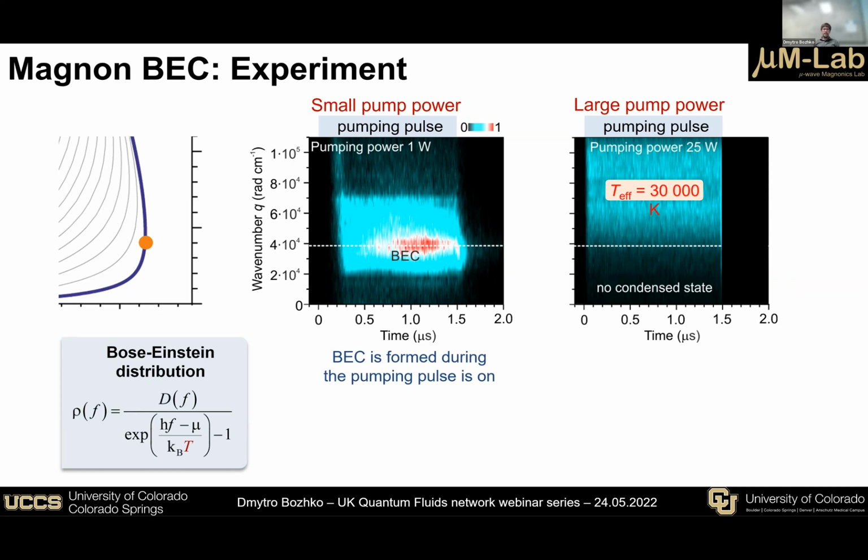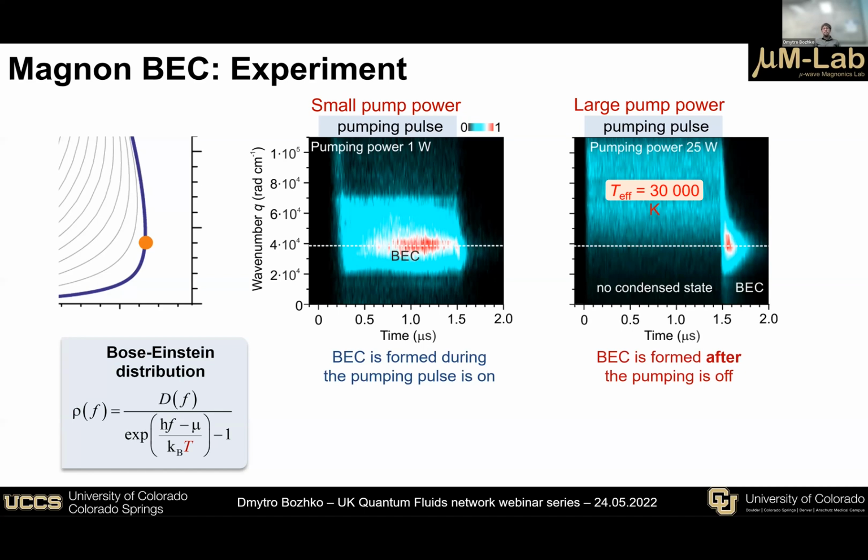And this is the gas around the bottom, it's not at the point where we pump it. We pump essentially a couple of gigahertz higher in frequency. So we are looking at already thermalized gas here, but it's strongly overheated by the pumping thermodynamically.